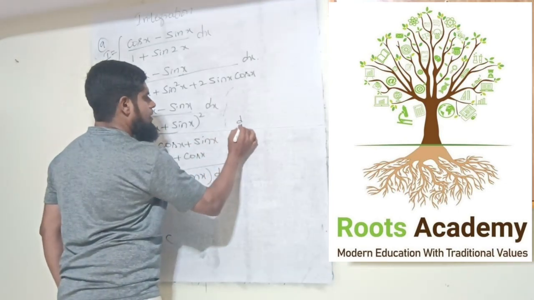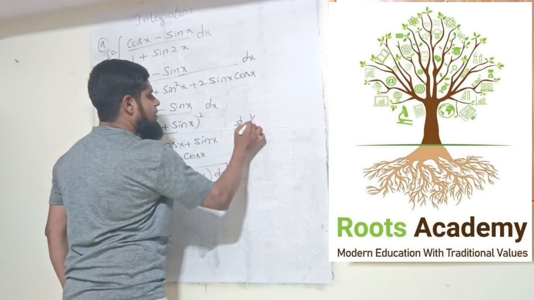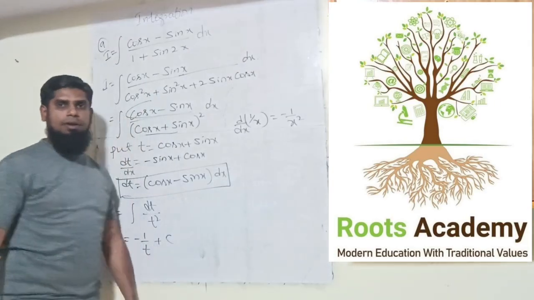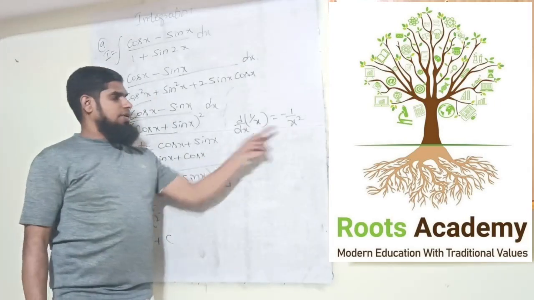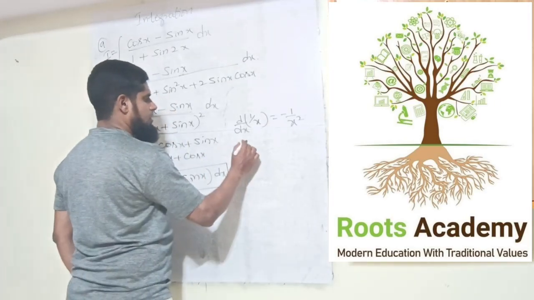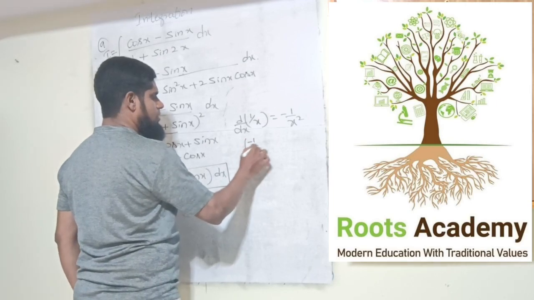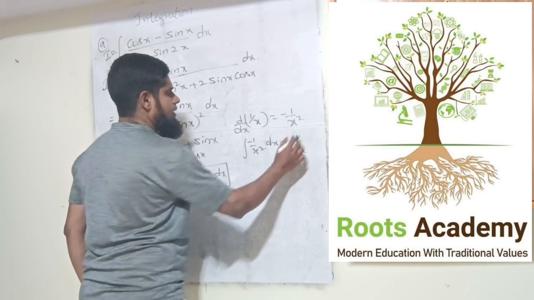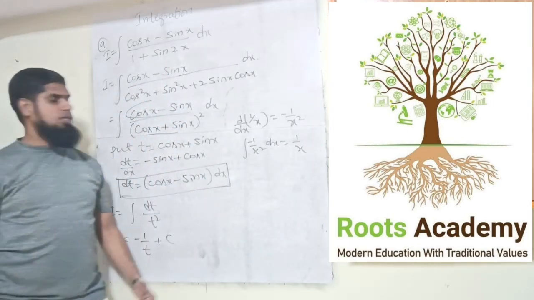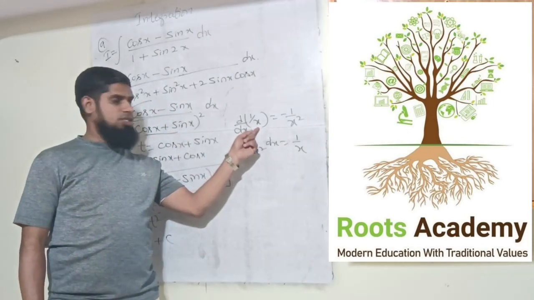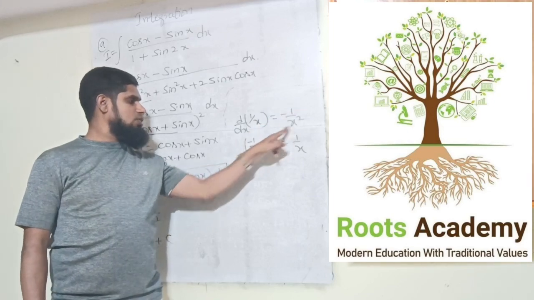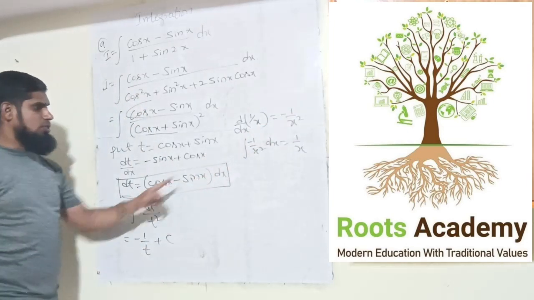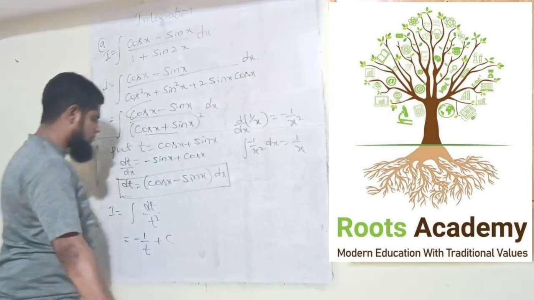We know that d by dx of 1 by x is equal to minus 1 by x square. So if we take the integration here, the integration of minus 1 by x square dx is 1 by x, because integration is a reverse process of differentiation. So if I integrate minus 1 by x square, definitely I will get 1 by x. Since I don't have a negative here, that negative comes to this.